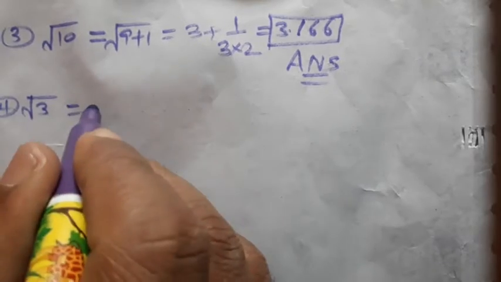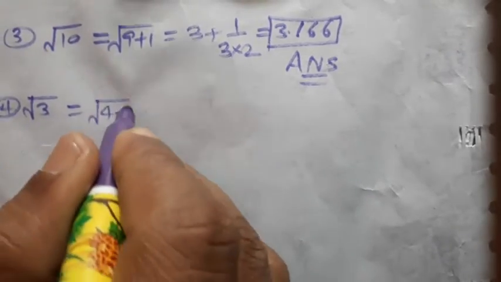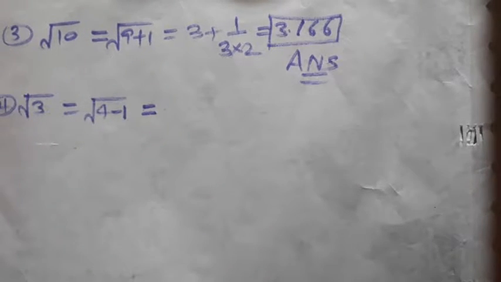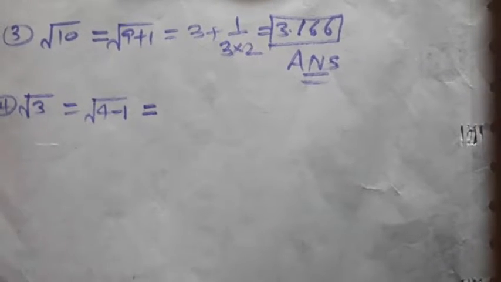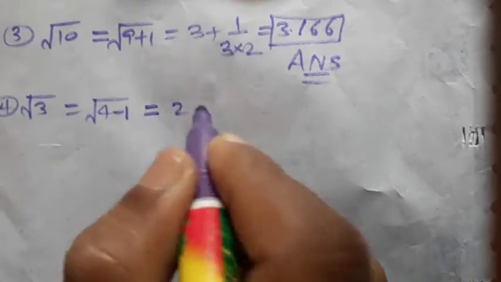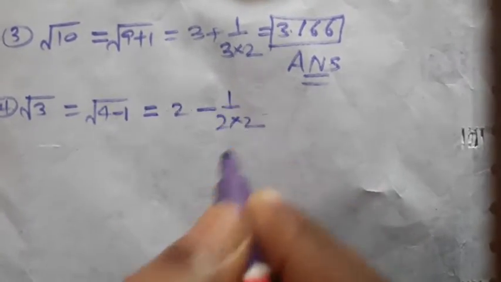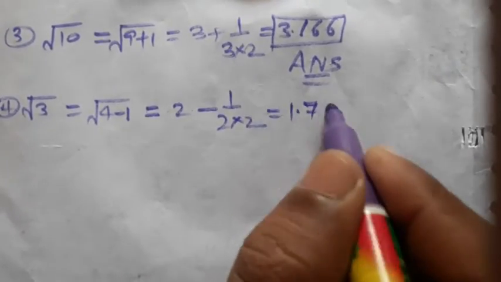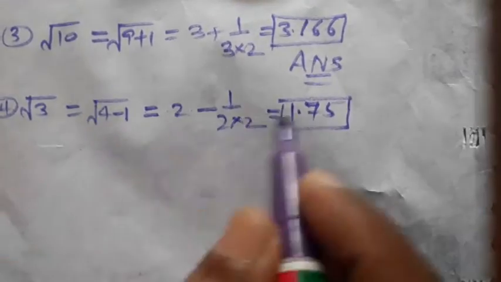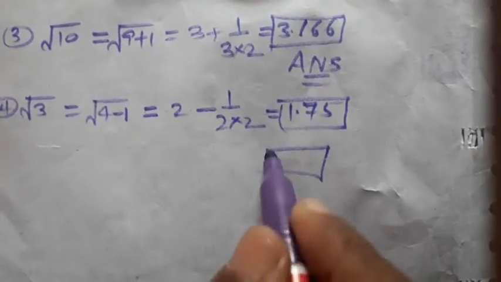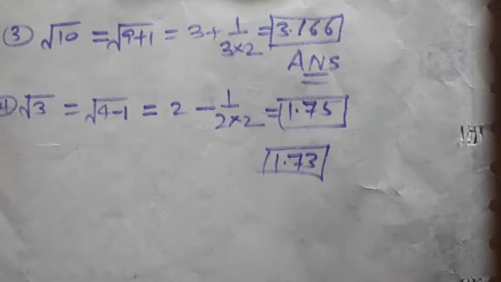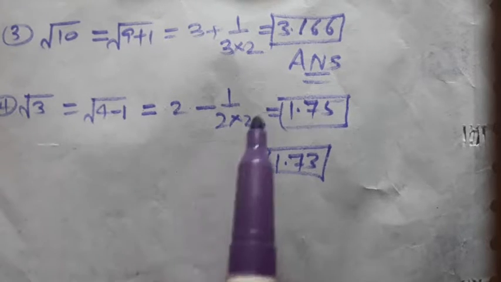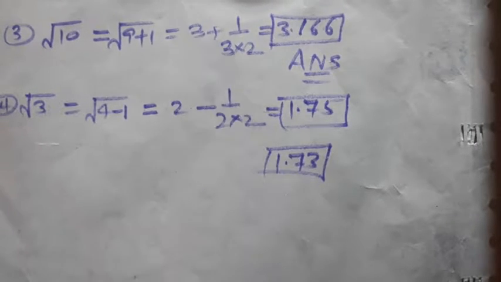We can write it like this: 4 minus 1. We have to put a minus sign here, and we get x as 2. So 2 minus 1 by 2 into 2, that is 2 minus 1 by 4, that is 1.75, and this is the nearest value of root 3. The exact value we know is 1.73. This time, for the first time, we use the minus sign.